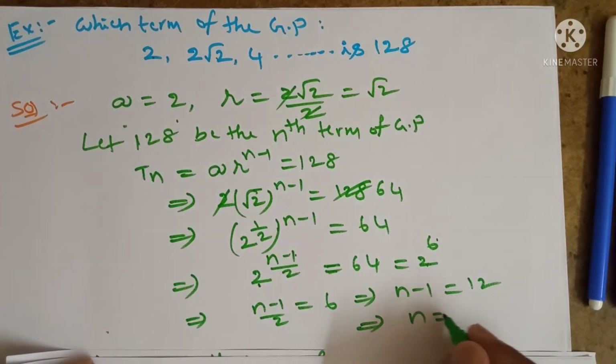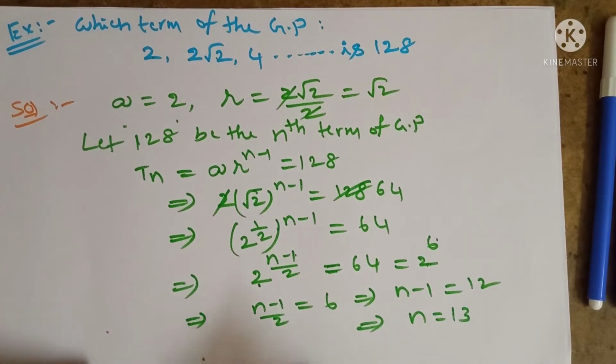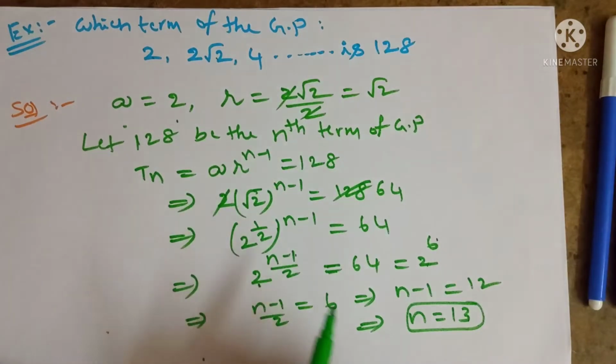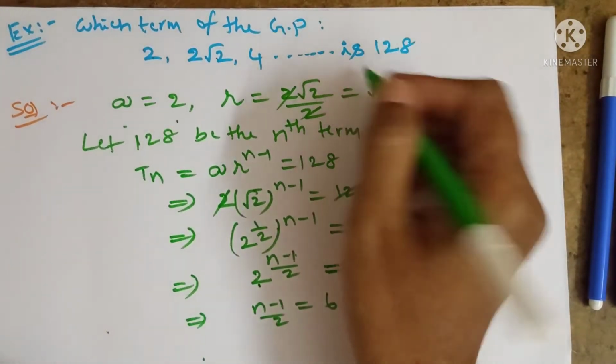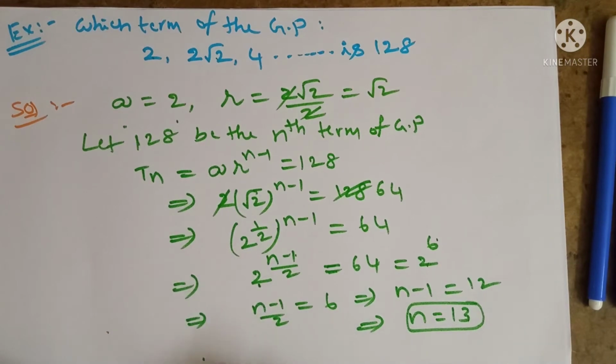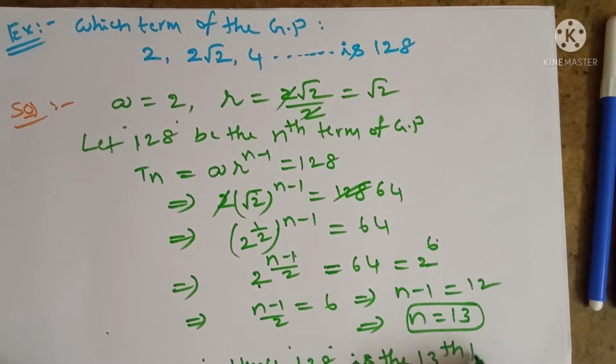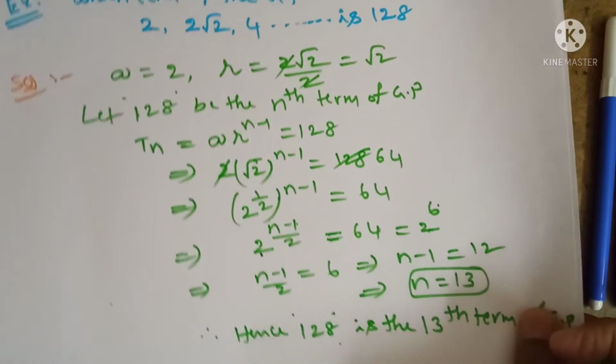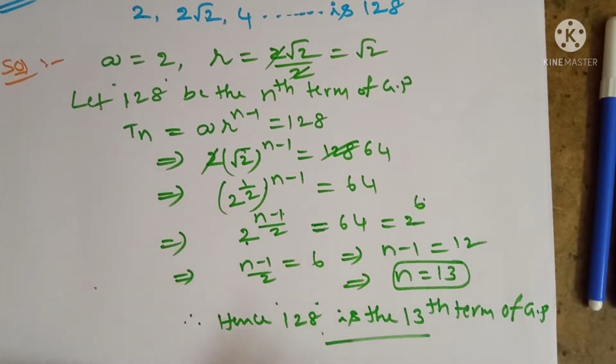N is equal to 13. Therefore, 128 is the 13th term of the GP. This is the final answer.